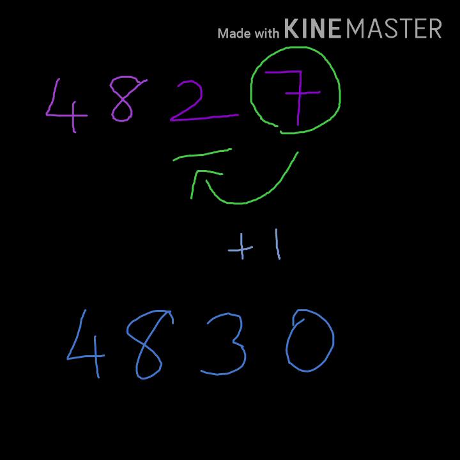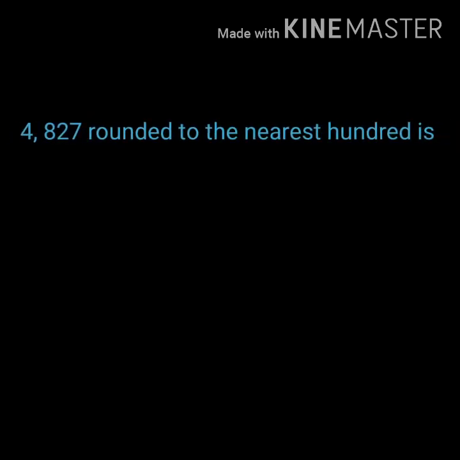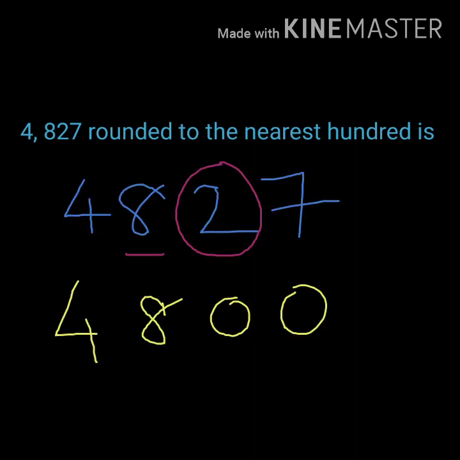Clear? So see the next thing, 4827 rounded to the nearest 100 is what? Can you guess? First you have to underline the place you are going to round to, so you have to underline the number in the 100s place. Which is your 100s place here? What number is in your 100s place? 8 is in your 100s place, so underline that number 8.